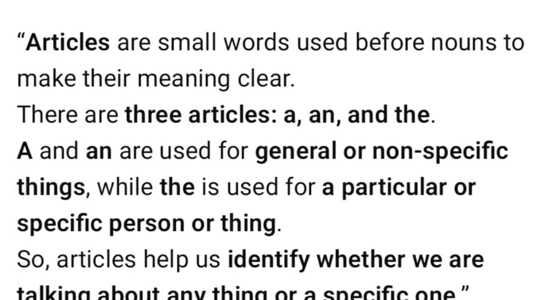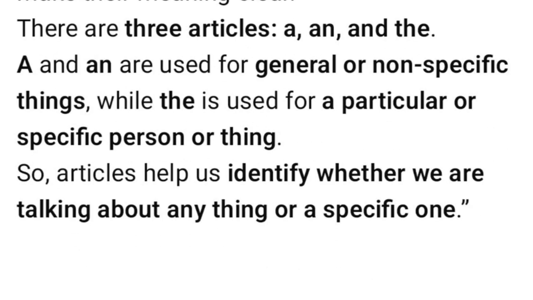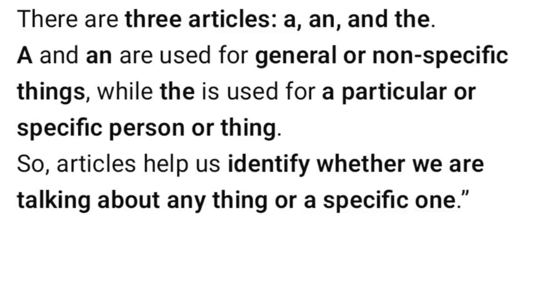So a, an, and the are the articles. A and an are used for general or non-specific things. So if you're talking about non-specific things, we use a or an, and the for a particular or specific person or thing. So articles help us identify whether we are talking about anything or any specific thing.